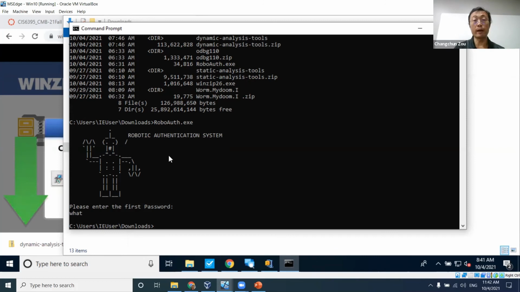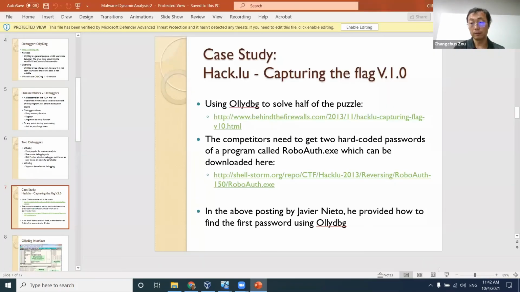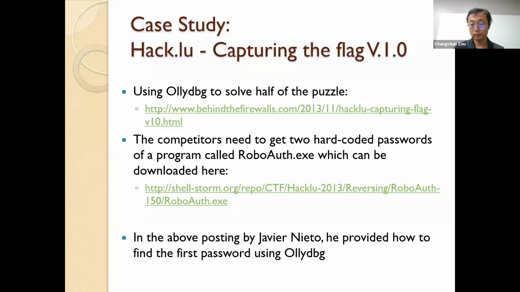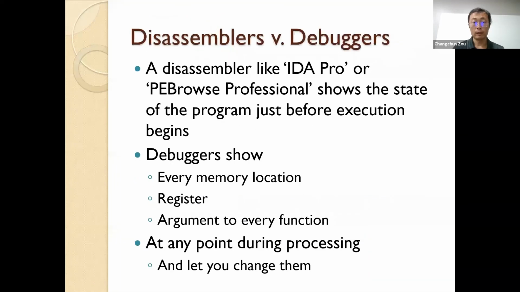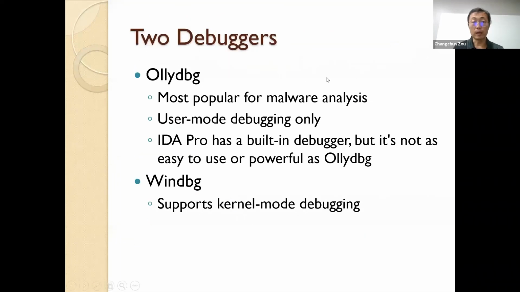But this program is a binary program, so you cannot see clearly what the actual password is for this first challenge. You have to use a debugger to find it out. For the debugger, you can use OllyDbg, which is popular. Another is called WinDbg.